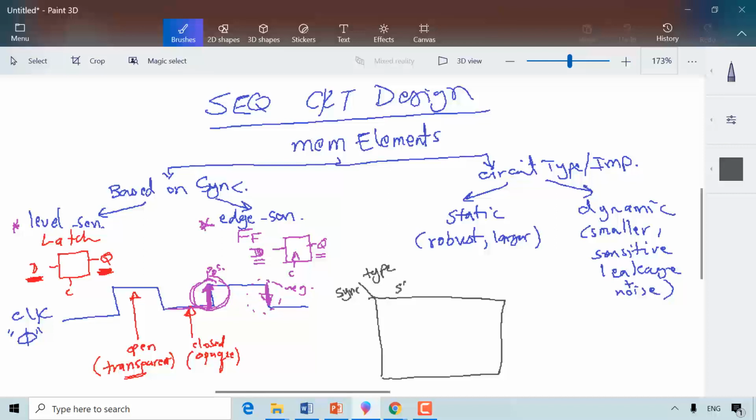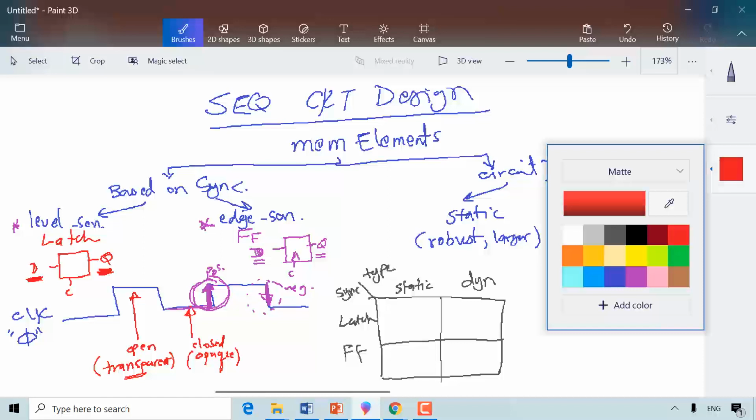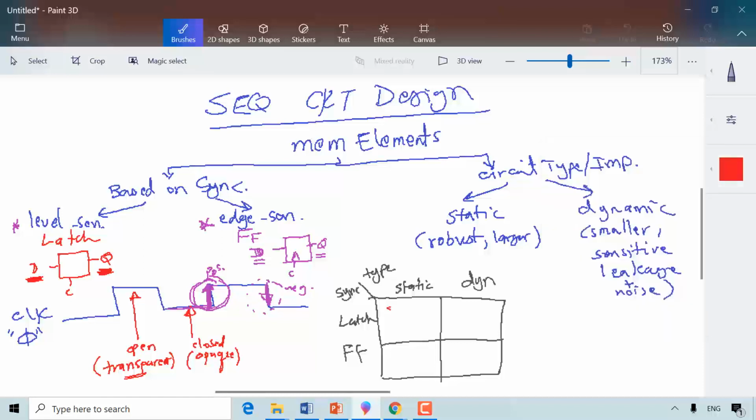Type could be static or dynamic, and synchronization can be latch or flip-flop. Now you can see we have four quadrants here, and four types of circuits that we'll discuss: static latch, static flip-flop, dynamic latch, and dynamic flip-flop. So these are the four types that we're going to talk about in this lecture.